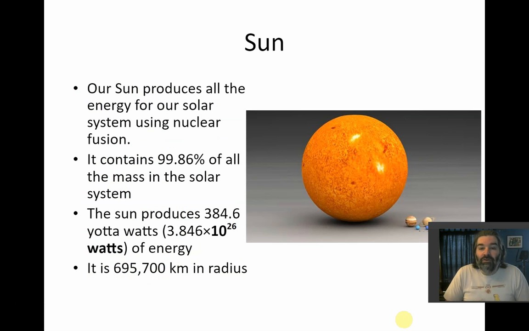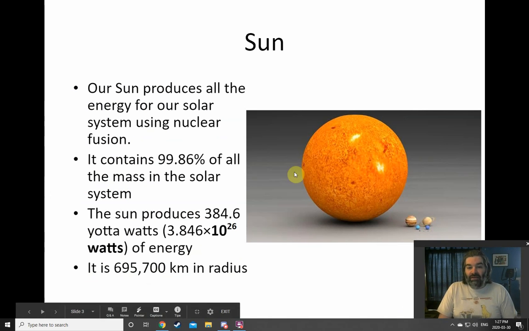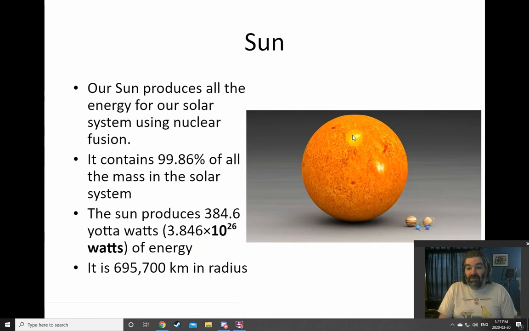So, the sun produces all the energy in our solar system using something called nuclear fusion. Again, we're going to look at that in more detail later in the course. It contains 99.86% of all the mass in the solar system. That's a crazy number. That literally means that 99.86% of everything in the solar system is the sun.